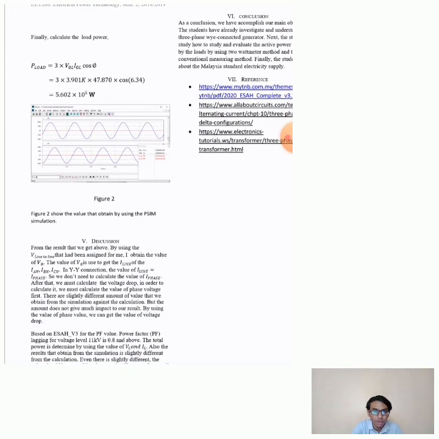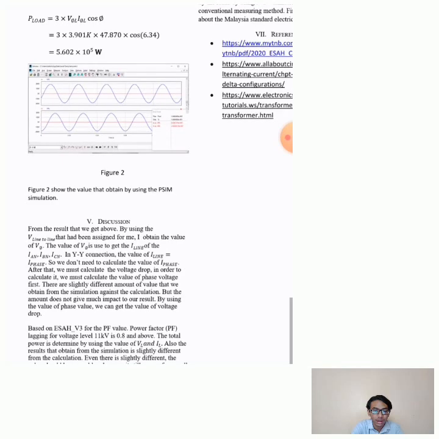Okay, from the result that we get, I can tell you that by using the V line to line that has been assigned for me, I obtain the value of the V phase. The value of V phase is used to get the I line of the IAN, IBN, and ICN.